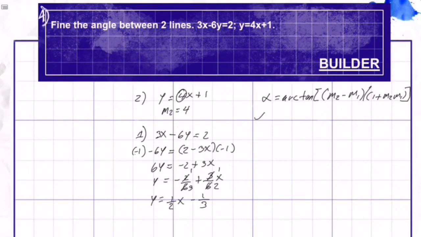So we have the angle equals arctangent, the second slope, that is 4, minus the first slope, 1/2, divided by 1 plus the second slope 4 multiplied by the first slope.